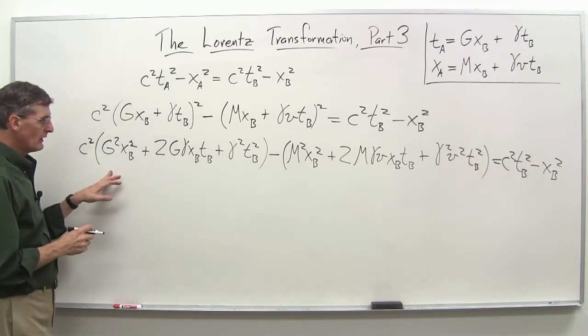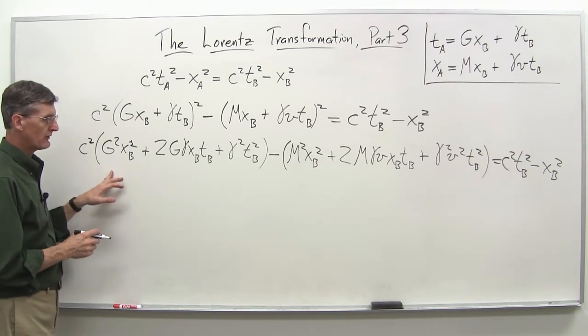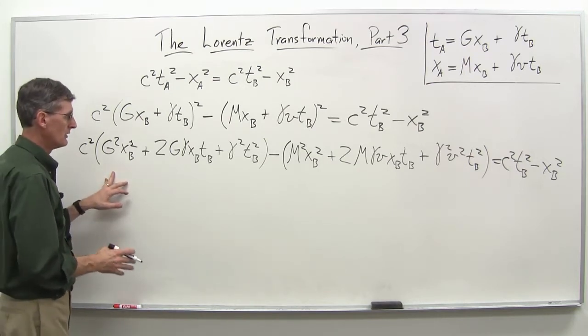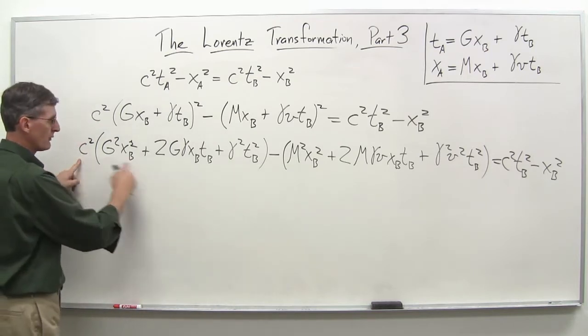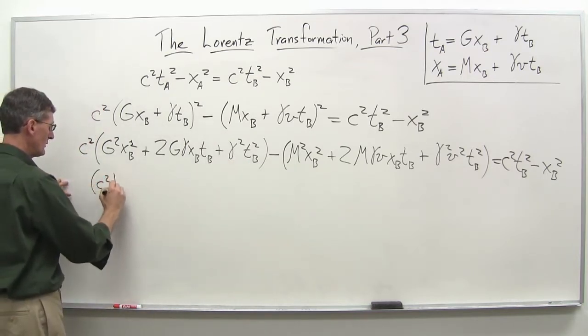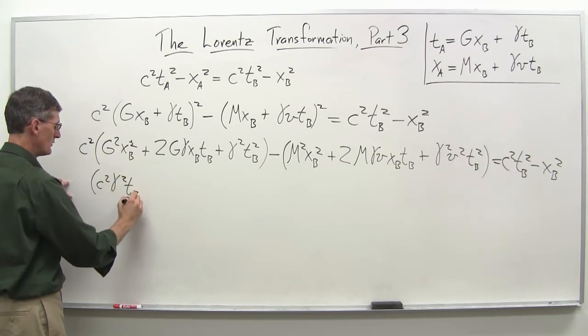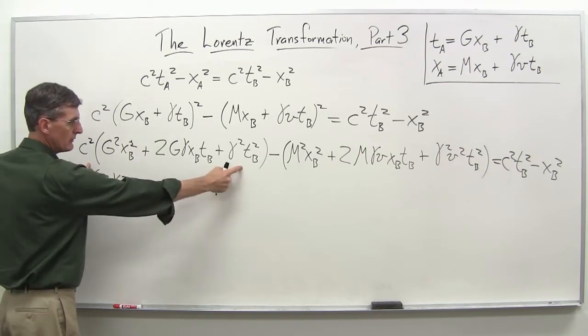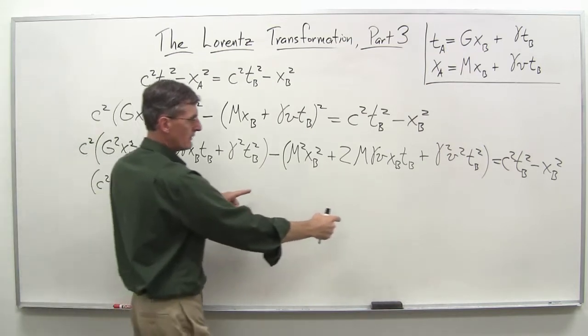So let's pull all the tb squareds together here. So I've got a c squared gamma squared tb squared. That's one of my tb squared terms right there. Got another one here.